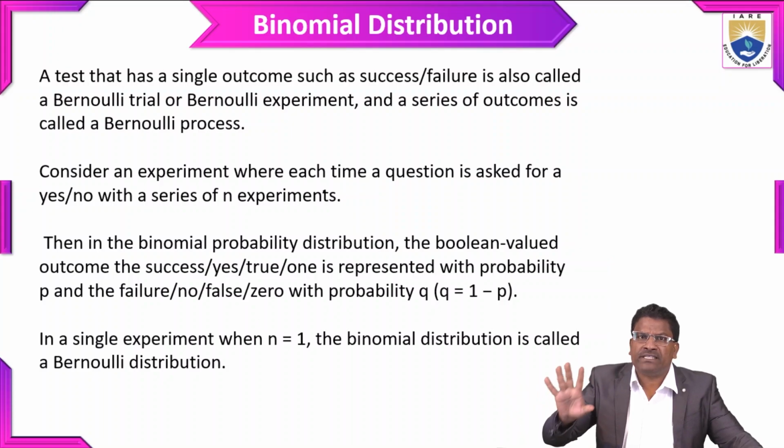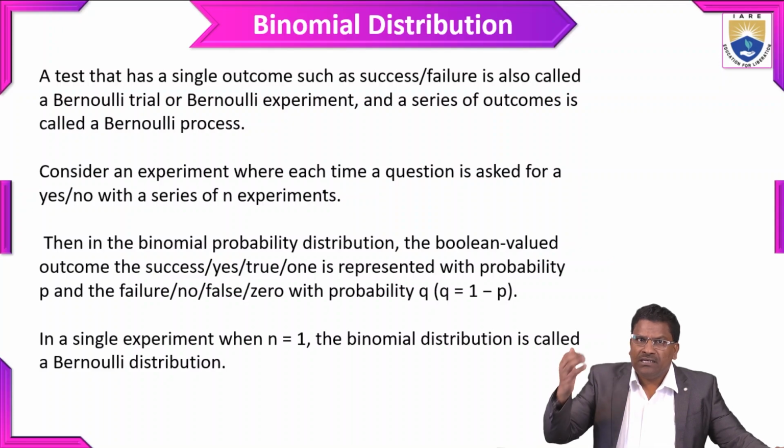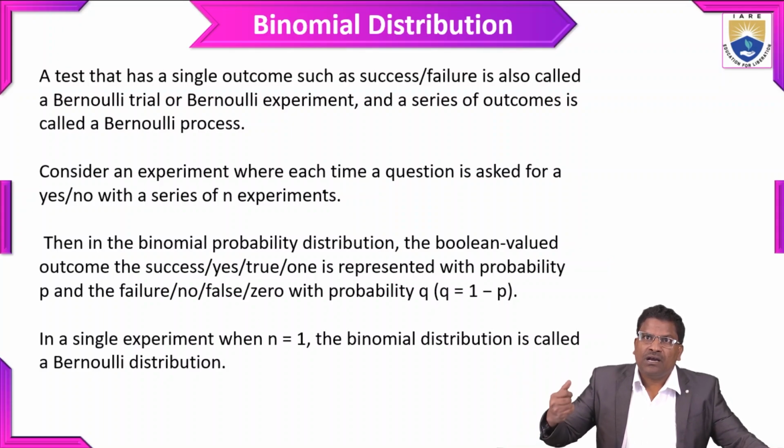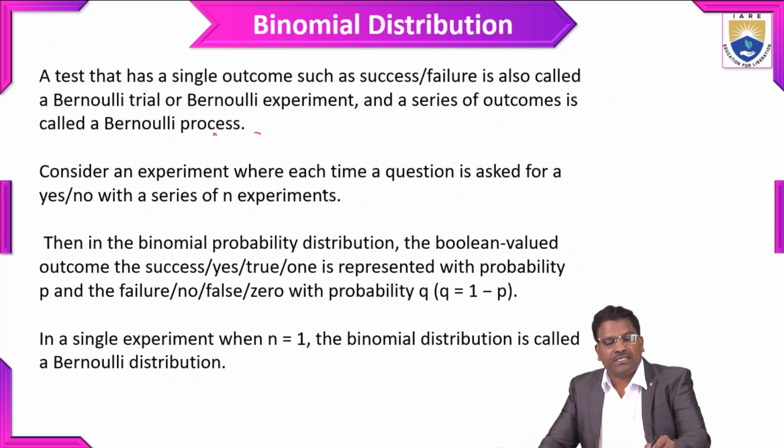There is no second thing. Either it is true or false, success or failure, or whatever it may be. That is called a Bernoulli trial. The process is called a Bernoulli process.